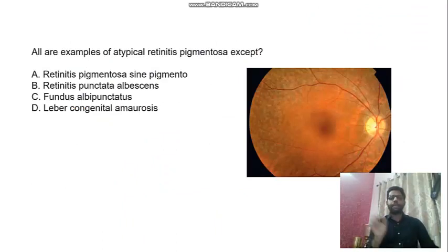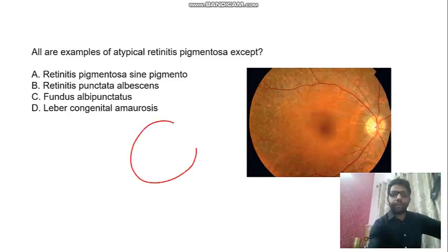All of the examples are atypical retinitis pigmentosa except. So there are some atypical pigmentosa, not a classical case, that is atypical, but only ocular features. And out of these four, one is not there. For example, I'll give you two examples which are not in the four options.